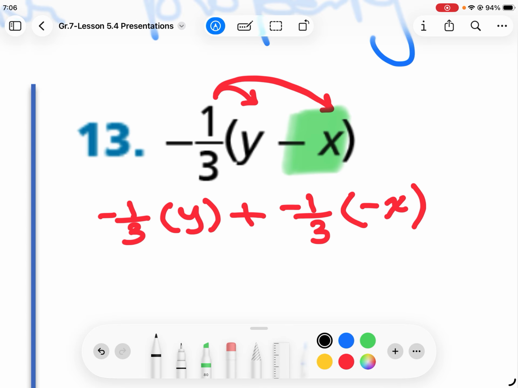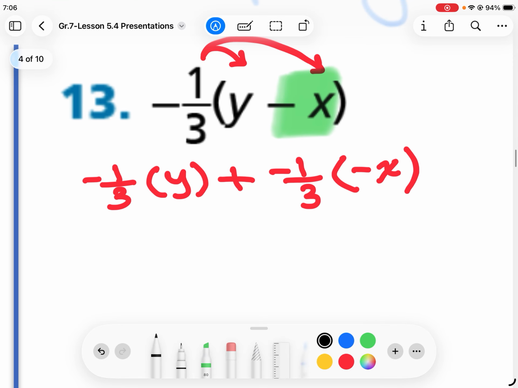As you can see, x is negative, so we're going to take negative x. And now let's apply the integers multiplication and division rules. How do you multiply this? It's negative 1/3 times y. That will be negative 1/3 y. That's it, because we don't know the value of y. Negative times positive, different signs, you get negative.